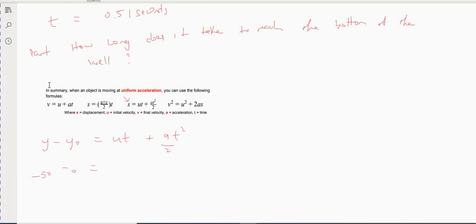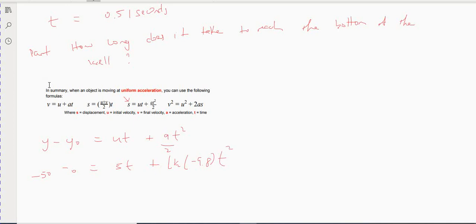All of that is equal to 5 times t plus, in this case, we know that acceleration due to gravity is acting downwards, so it's going to be a half times negative 9.8, all of that times t squared.